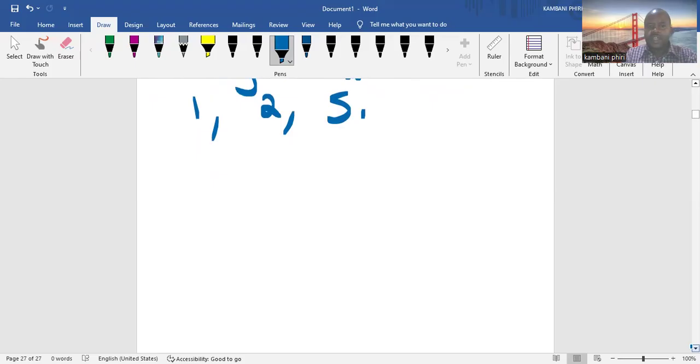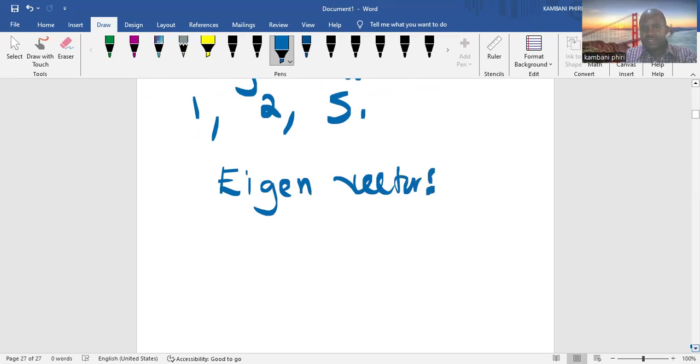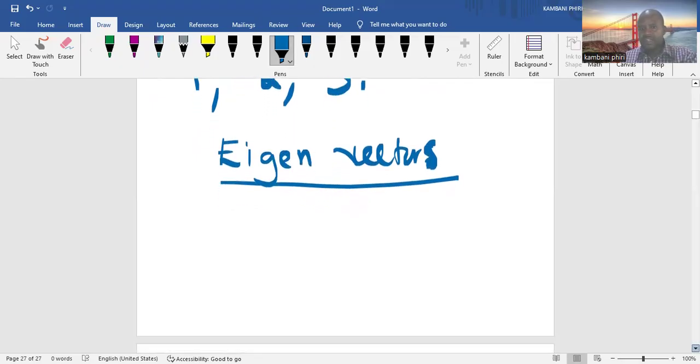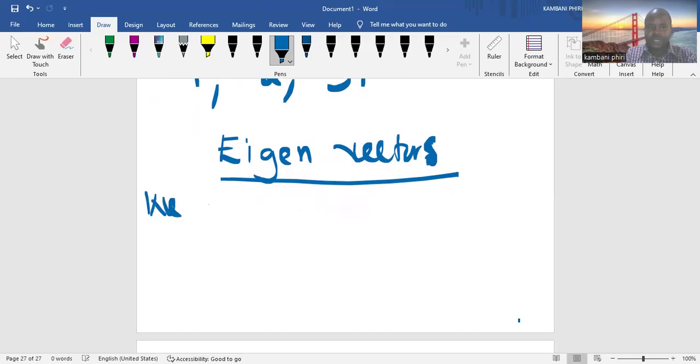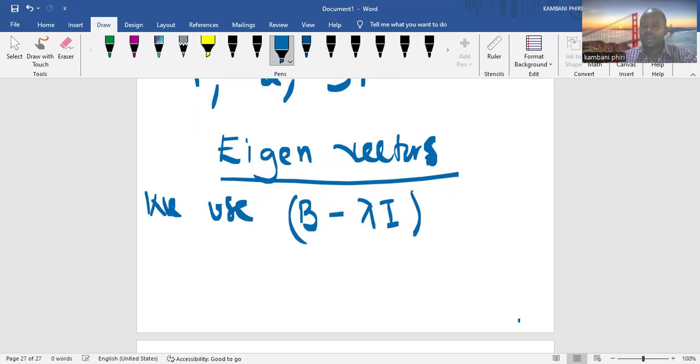Okay. So now we need to find the eigenvectors. To find the eigenvectors, we use this expression: B minus lambda I, times x, must be equal to 0.